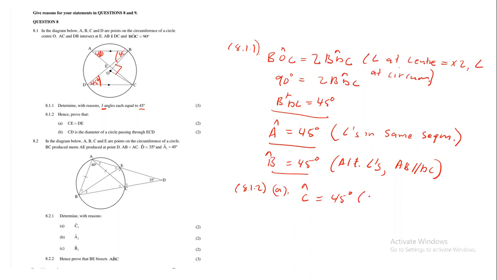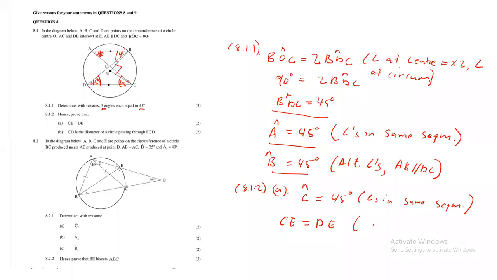Because we're talking about angles in the same segment, okay? In other words, that means this is also 45 degrees due to this angle, or you can say alternating angles within these parallel lines, it is still fine. And therefore, now you can simply say CE is equal to DE.